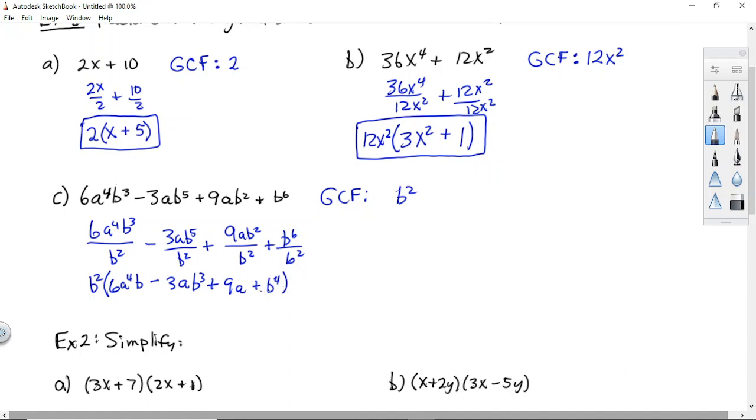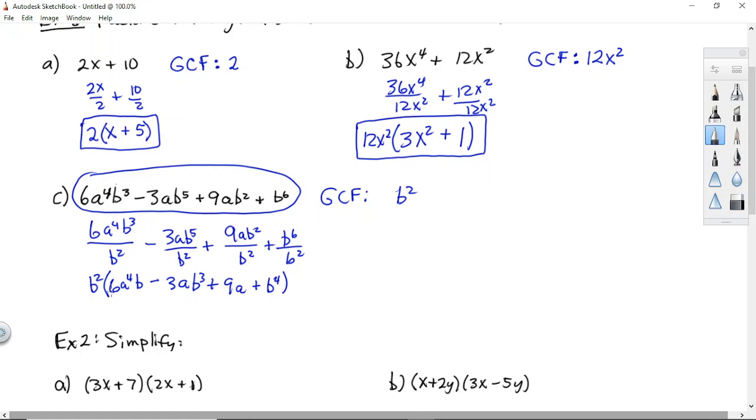Okay, this can be checked again. Multiply this out, and we should get back to this, right? So the first one, when we do that, we have 6a to the fourth. We're going to have b squared times b, which would be b cubed, so that looks good. The second one, we'll have negative 3a, but then b squared times b cubed, that's b to the fifth, so that's right.